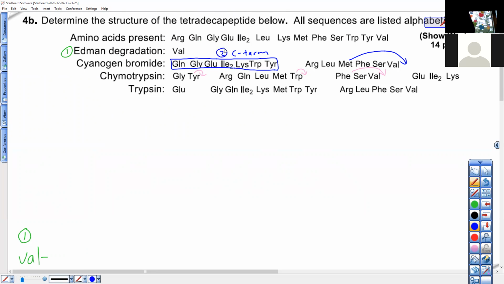This is a 3. I know the first 3 amino acids because I know Val is first and I know Phe is third. Put Ser in the middle there. Wasn't that nice?